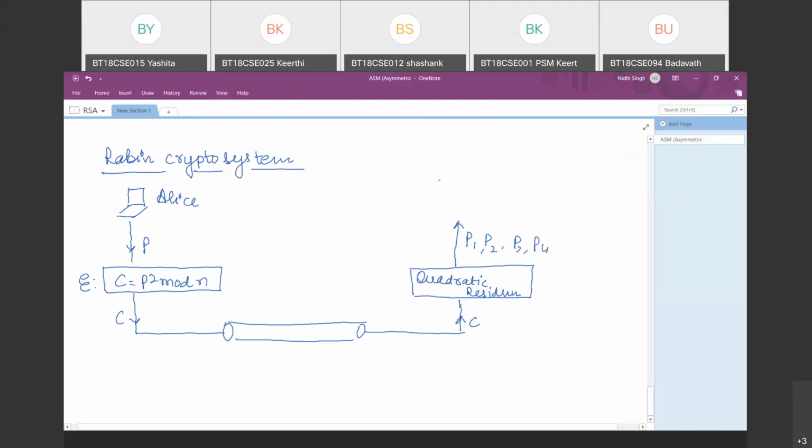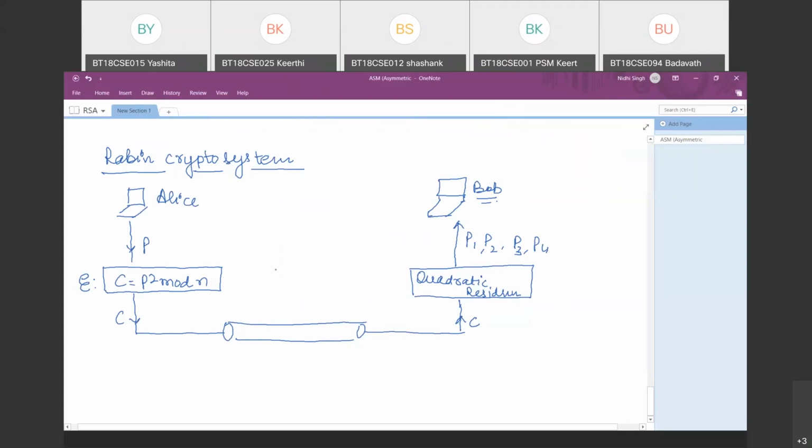Now it is up to Bob to select the correct plain text value. The accurate algorithm for judging the correct plain text value is not given by Rabin. Rabin says that Bob has to select the value by the hit and trial process. So sometimes he can select the correct plain text value and sometimes not.